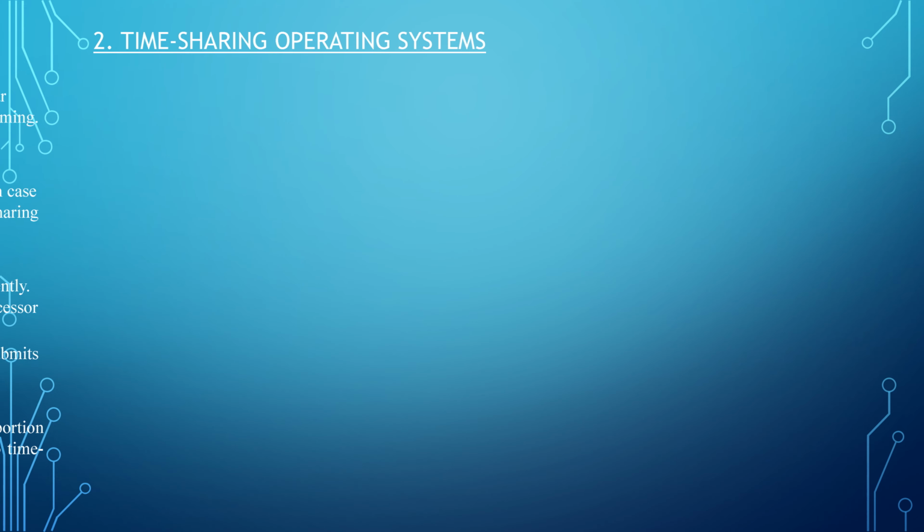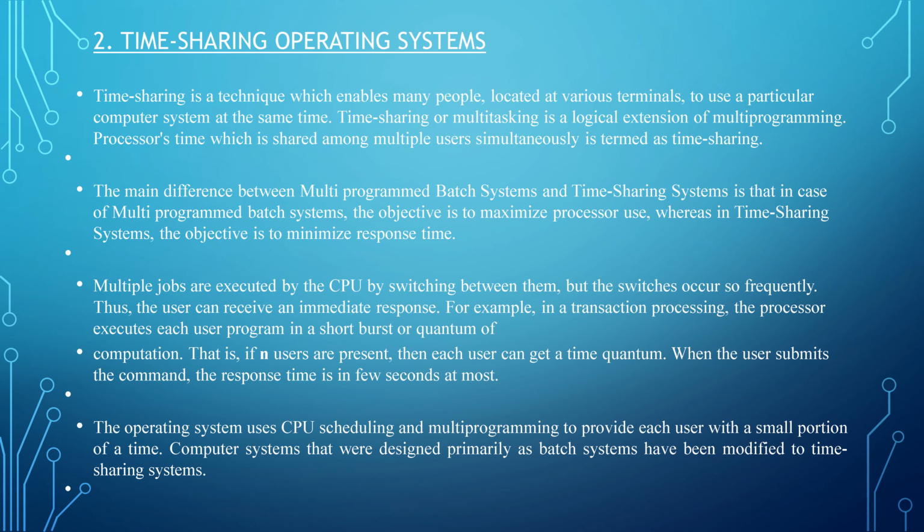And number 2 type of operating system, we have time sharing operating system. Time sharing is a technique which enables many people located at various terminals to use a particular computer system at the same time. Time sharing or multitasking is a logical extension of multiprogramming.